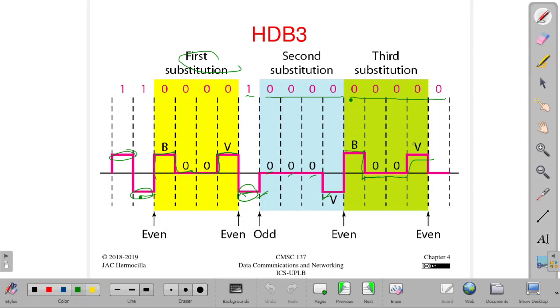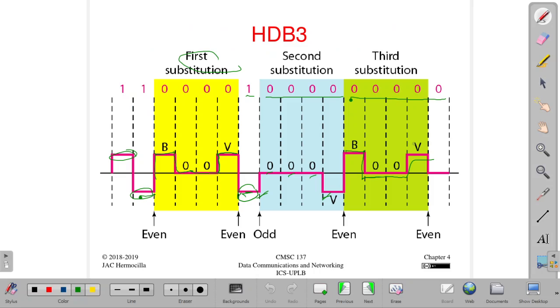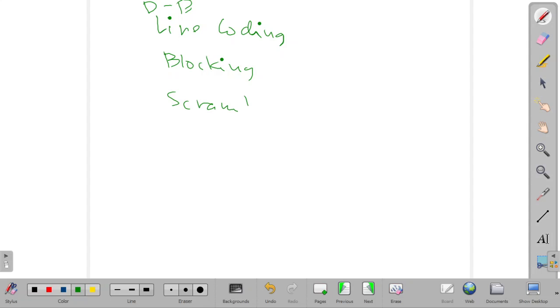At this point, to summarize, for digital-to-digital conversion we have line coding techniques, block coding techniques, and scrambling techniques.